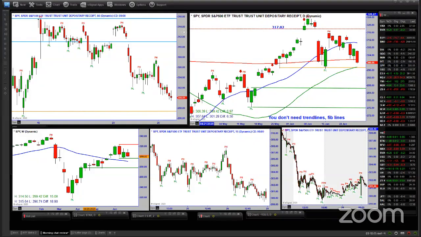SPY daily, lower high, no longer in sideways. Well, it did make a lower high. So what Tony's asking, what about the trend here now? Well, it hasn't violated major support, which is way down here.